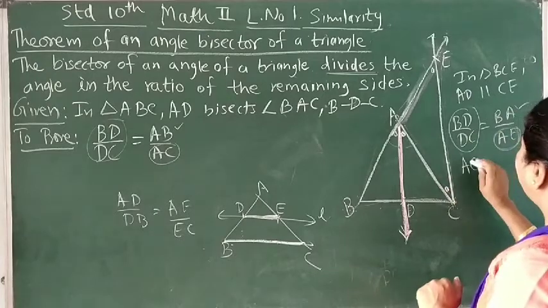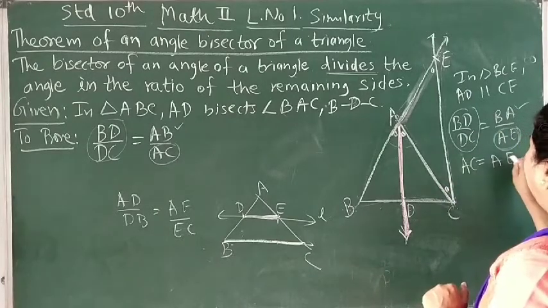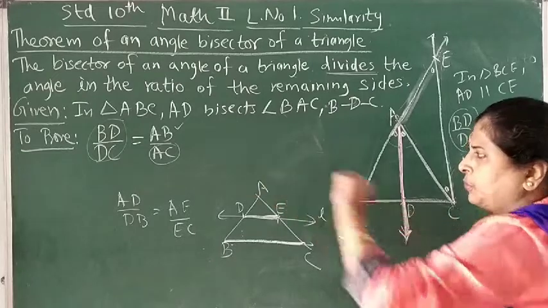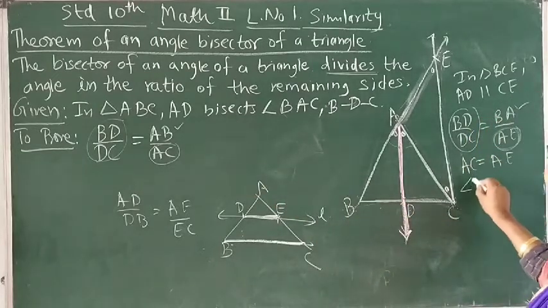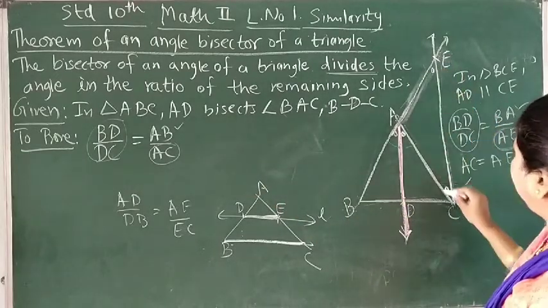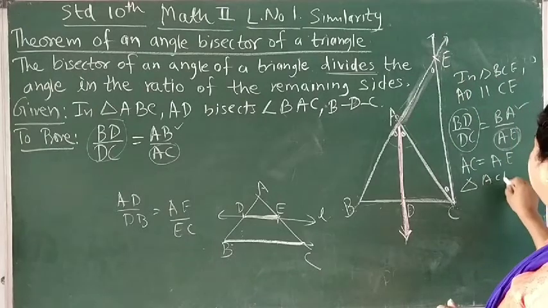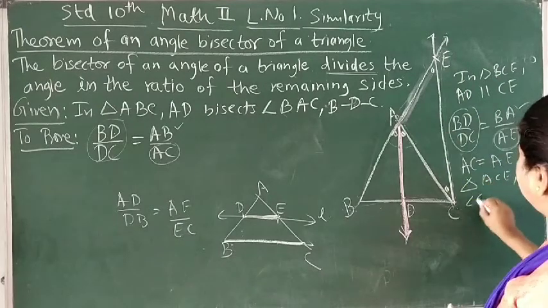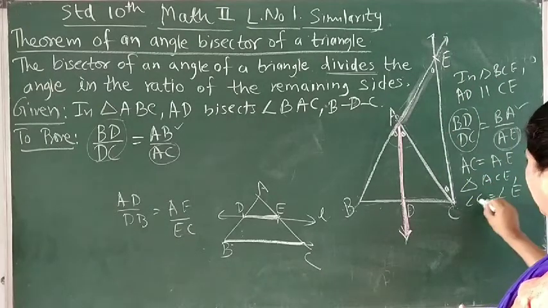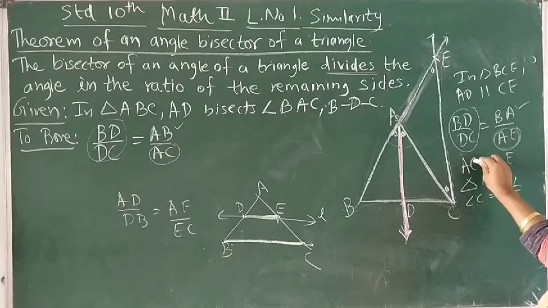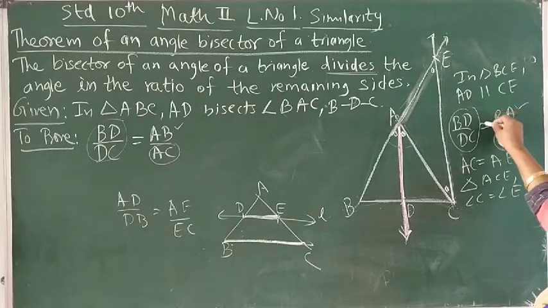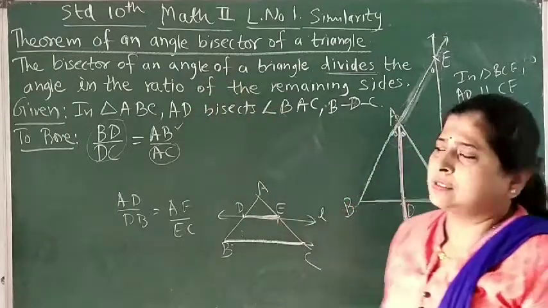Now our target is to prove AC and AE equal. To show this, in triangle ACE, if I can show angle C is equal to angle E, then I can show this, and this can be replaced by this.